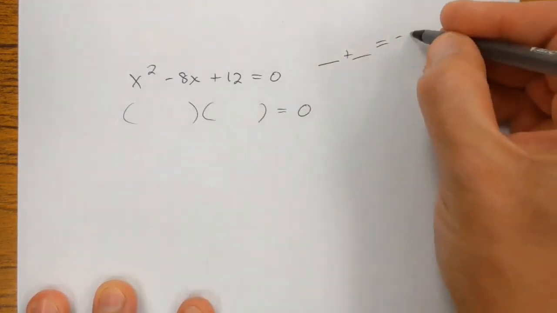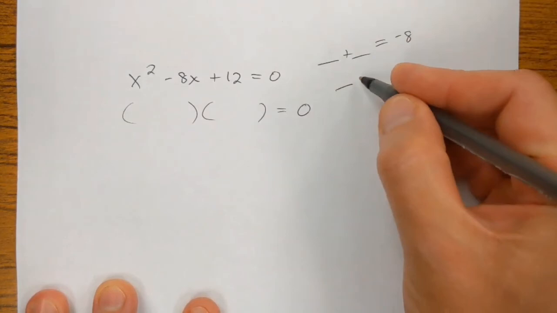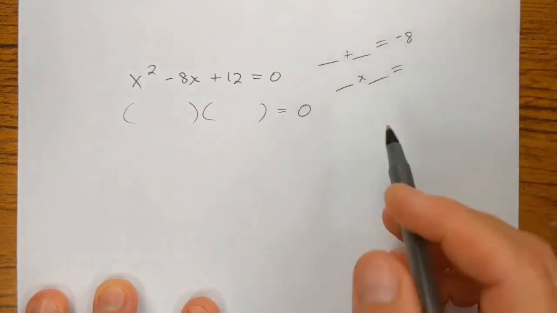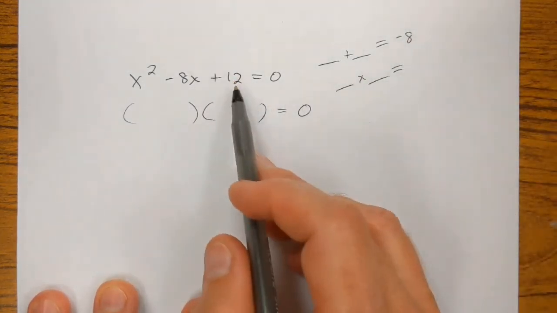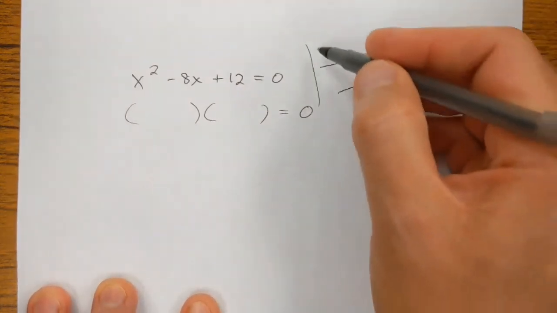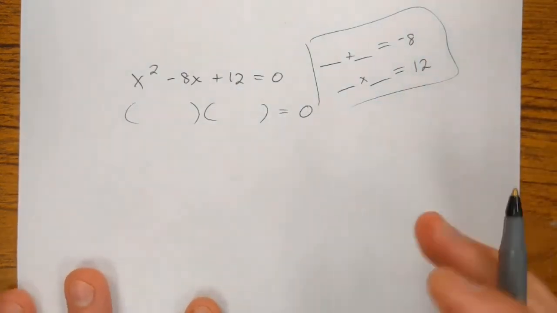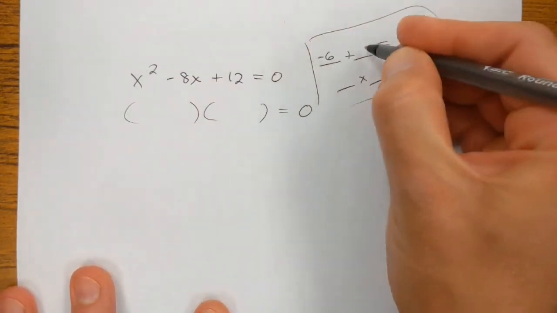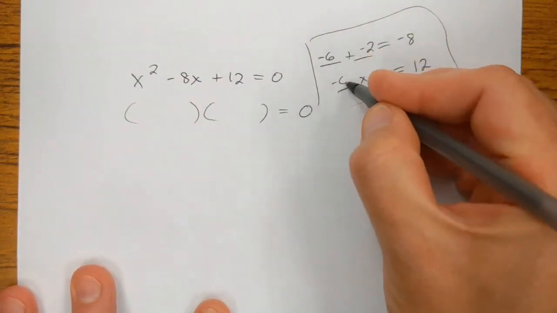So two numbers that add up to negative 8. And then that same pair of numbers would also have to multiply to positive 12. And those numbers are actually negative 6 and negative 2.